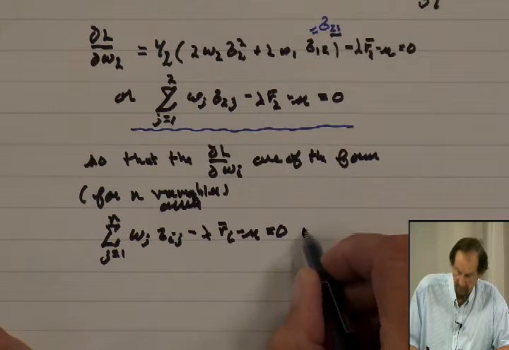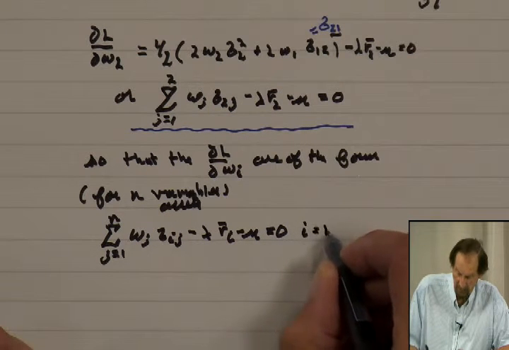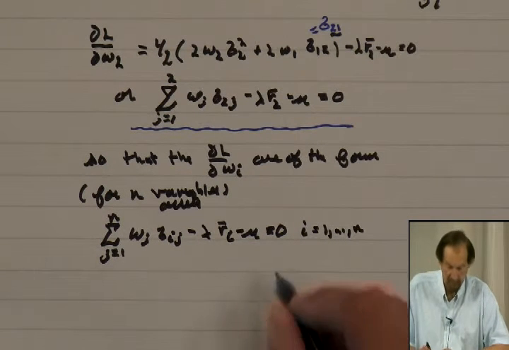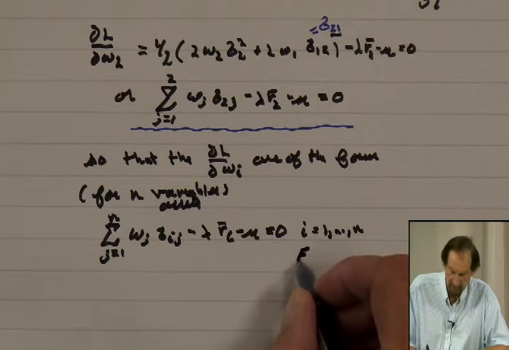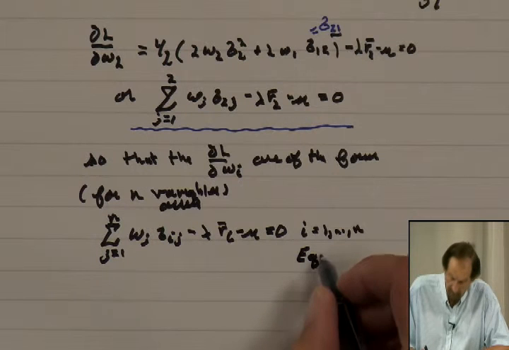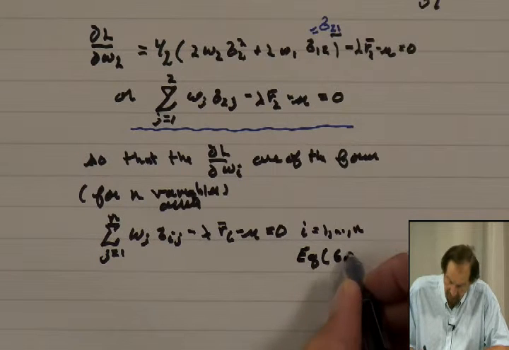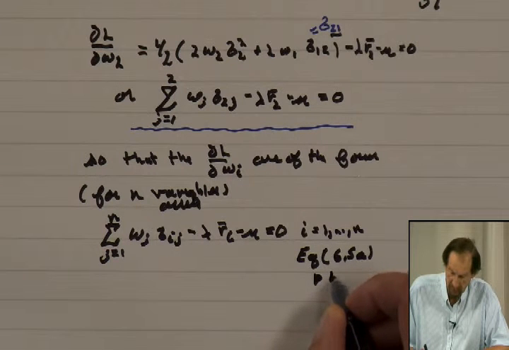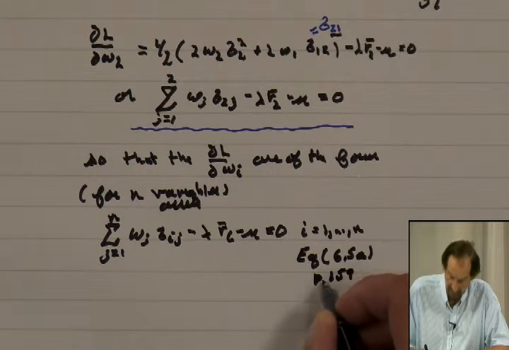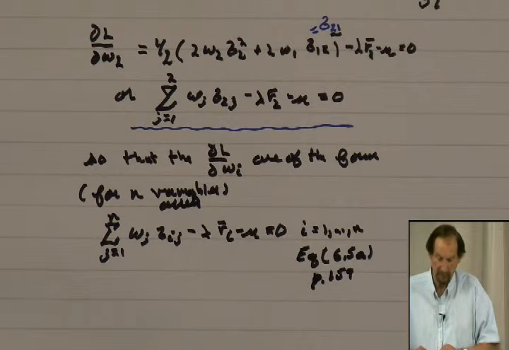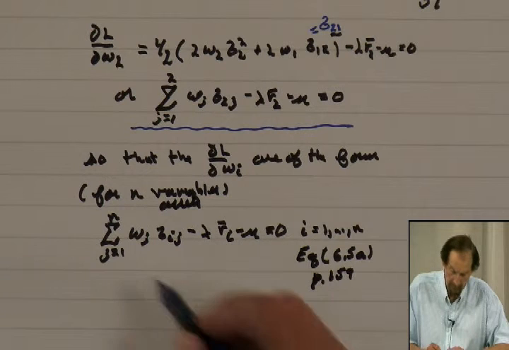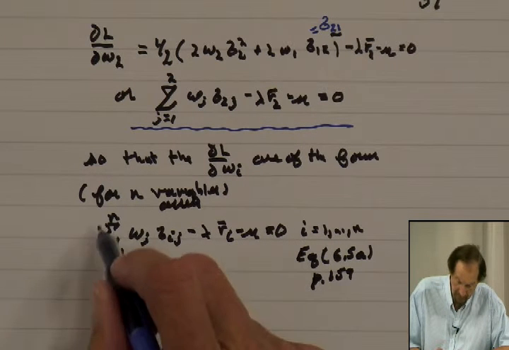And this is for i equals 1 to n. So we have n equations here. This is equation 6.5a, page 159 of our text. Okay. So this is a system of n equations.